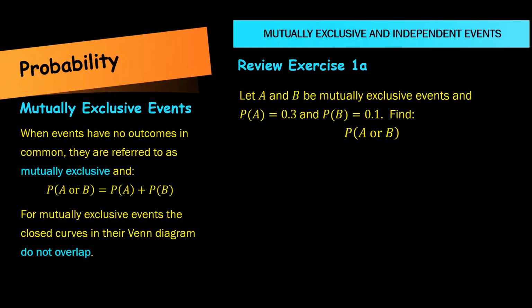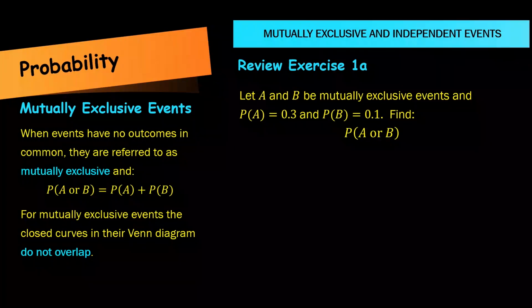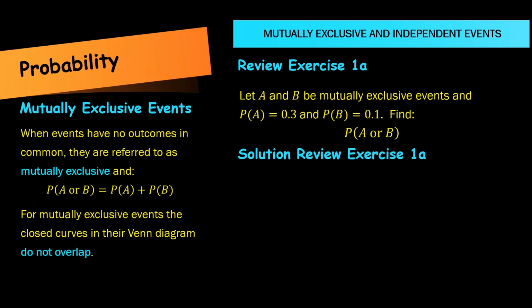So let's solve this. We're going to look at part A first. Let A and B be mutually exclusive events, and probability of A equals 0.3 and probability of B equals 0.1. Find probability of A or B. Let's solve this.